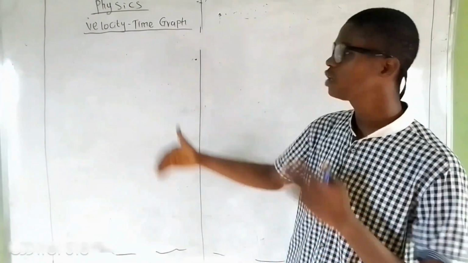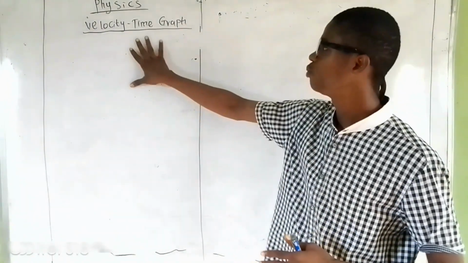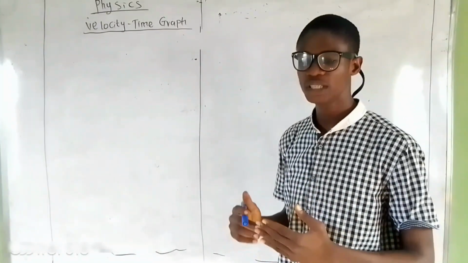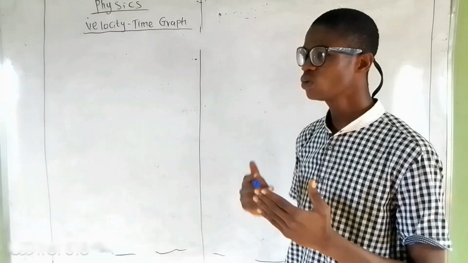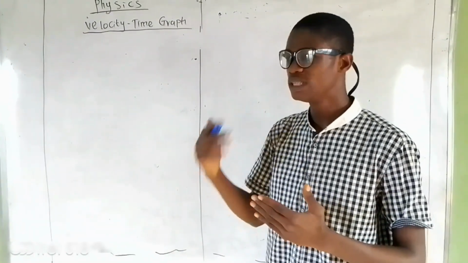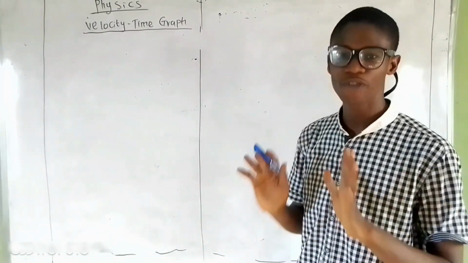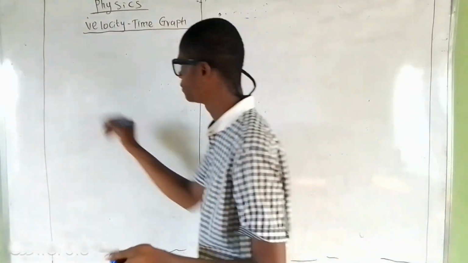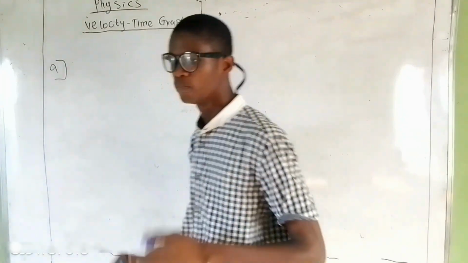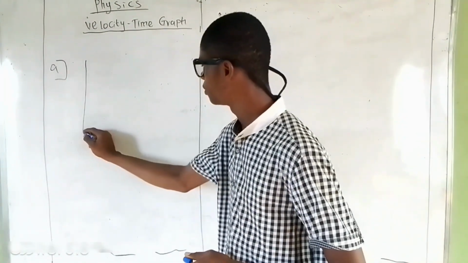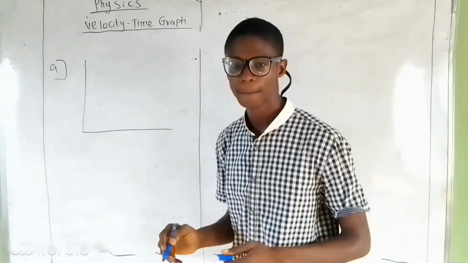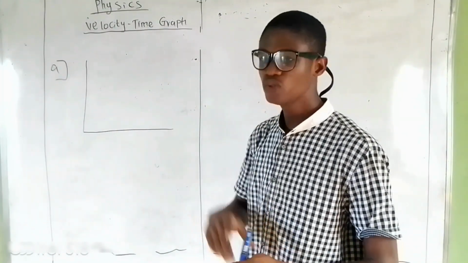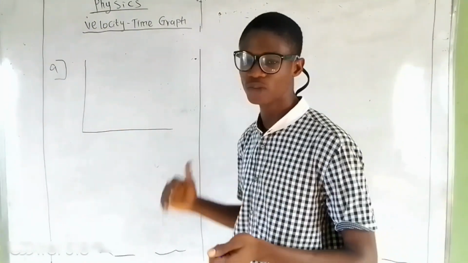Let's see the further things that we need to understand for us to be able to plot the graph. When an object is moving with a velocity, it can move in three forms, and those three forms have diagrams to represent them. The first form, A, is when it is moving uniformly or with a constant velocity.